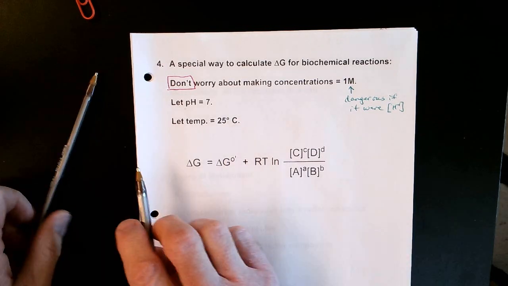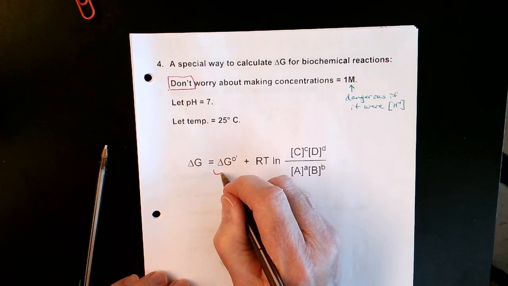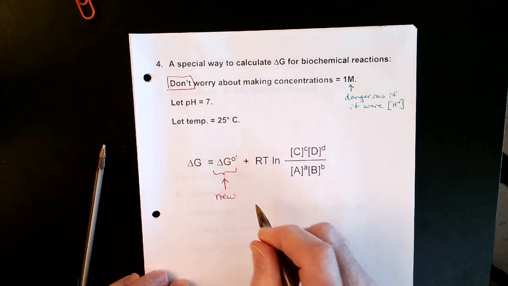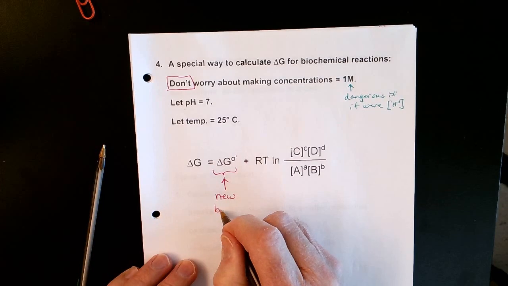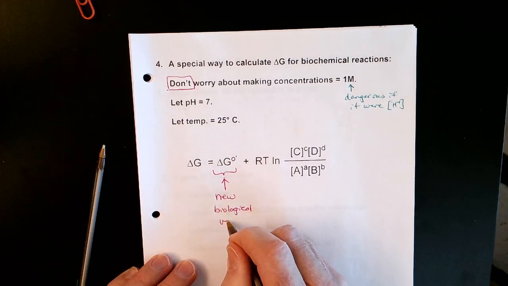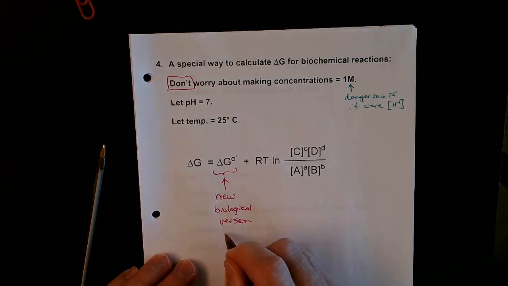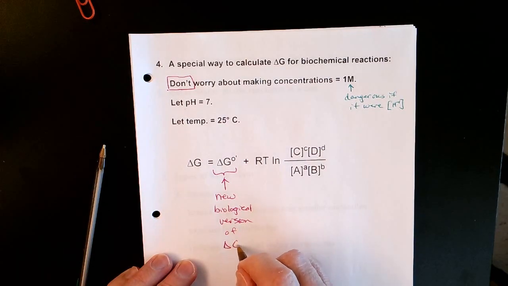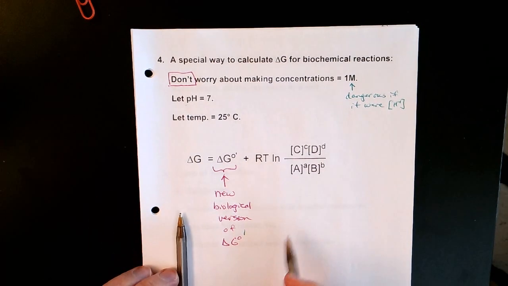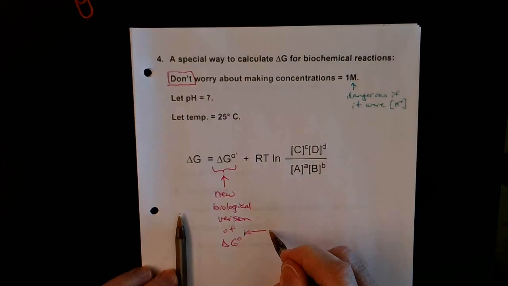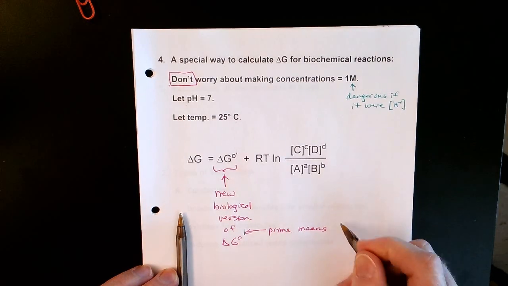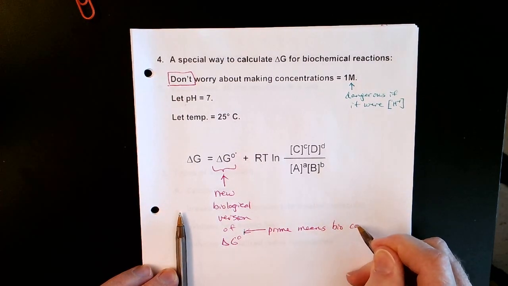The difference is, this one right here is the new biological version of delta G0. It's the prime that makes the difference. Prime means biological conditions.